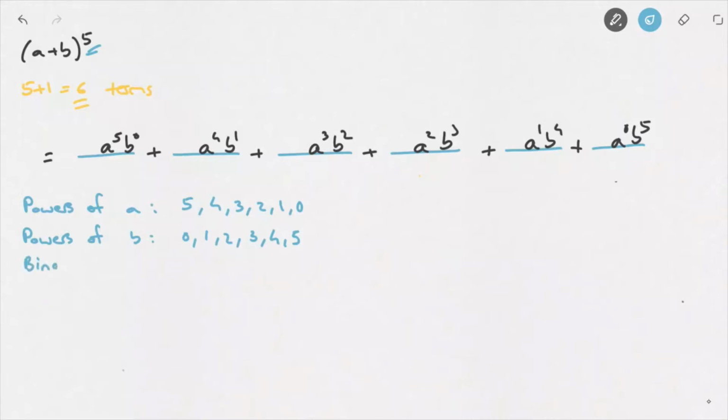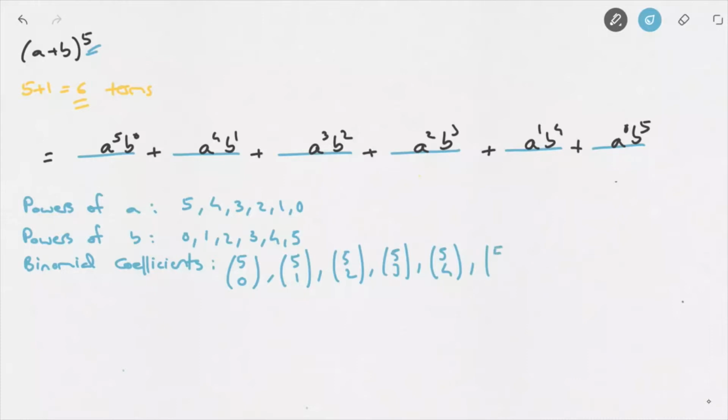Last but not least, we also have the binomial coefficients. And we know that the top digit of the binomial coefficient should always be 5, and the bottom digit should start at 0. It should then go to 1, followed by 5,2, followed by 5,3, followed by 5,4.